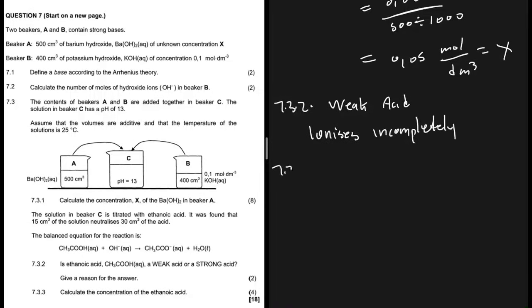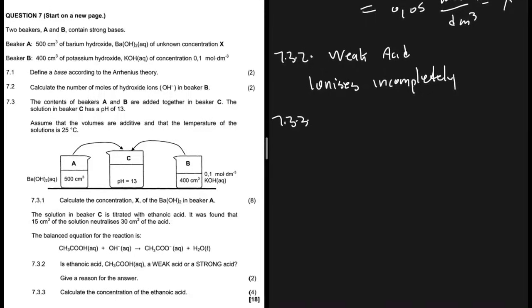And then 7.3.3 says calculate the concentration of the ethanoic acid, right? So they neutralized completely. So let me write the equation again. So we have CH3COOH plus OH minus, which is giving us CH3COO minus plus H2O.